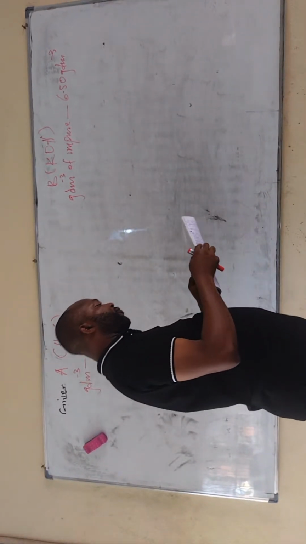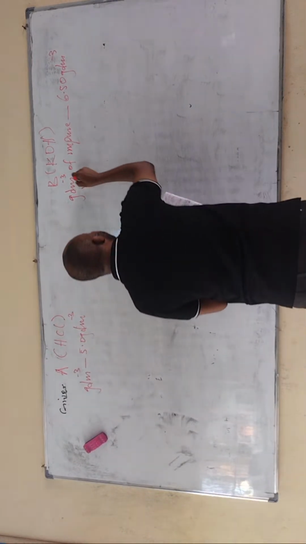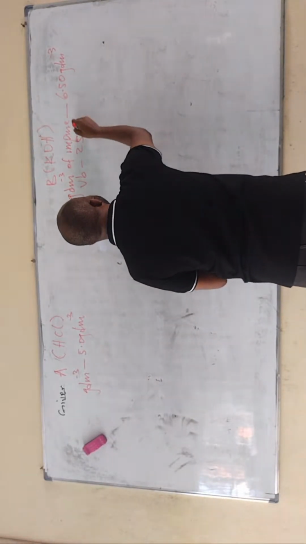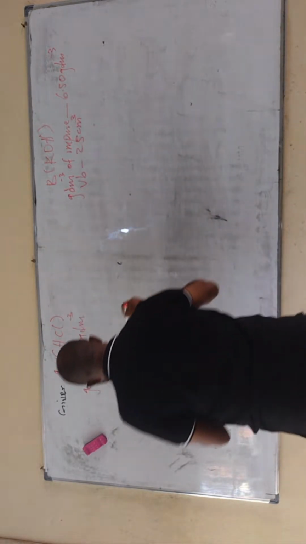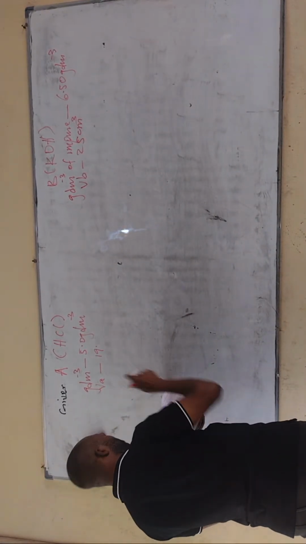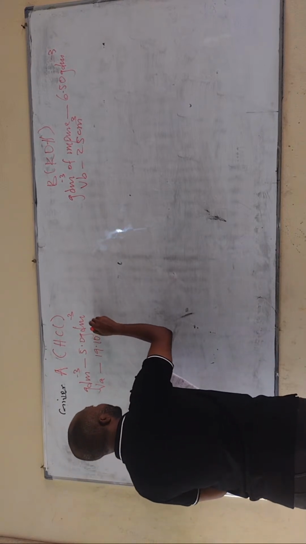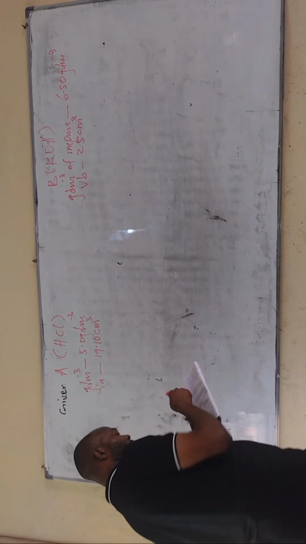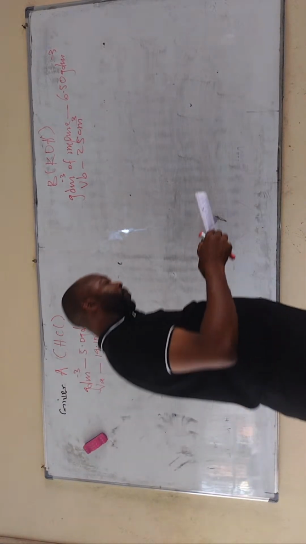If 25 cm3 of B, the volume of the base, gives a volume of the acid of 19.10 cm3 of A for a complete reaction.